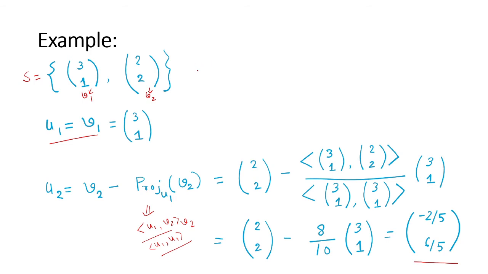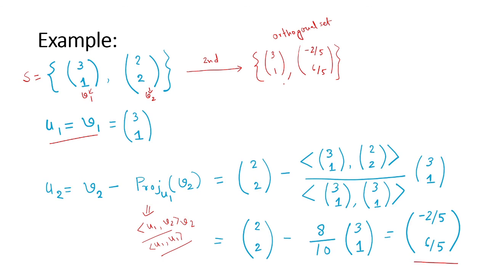If we just calculate this, we'll get this value. So in the second step, we got the vector (3, 1) and the vector (-2/5, 6/5) as our orthogonal set.